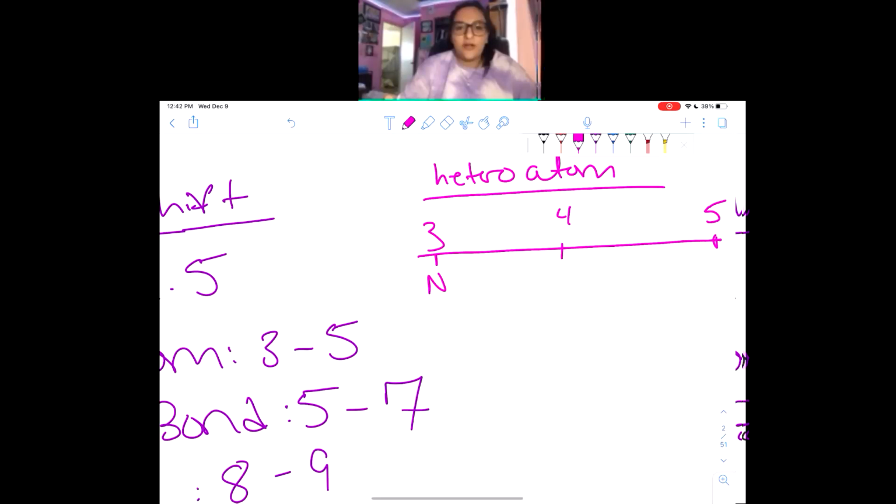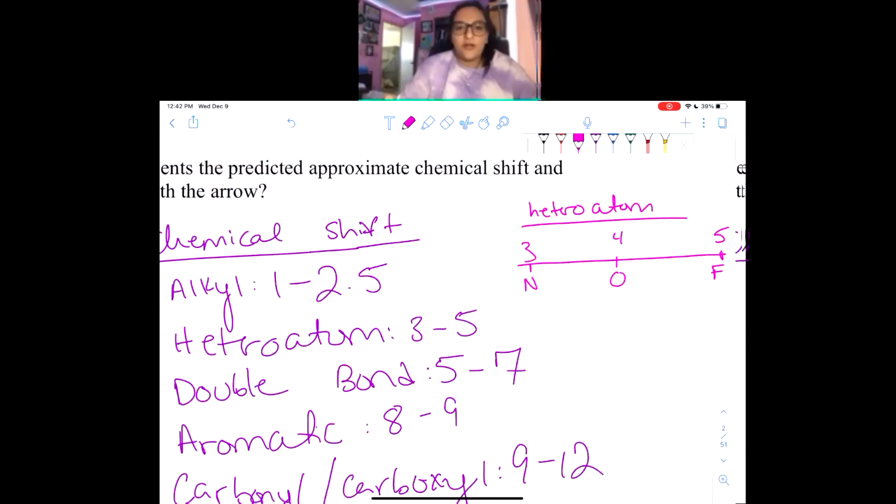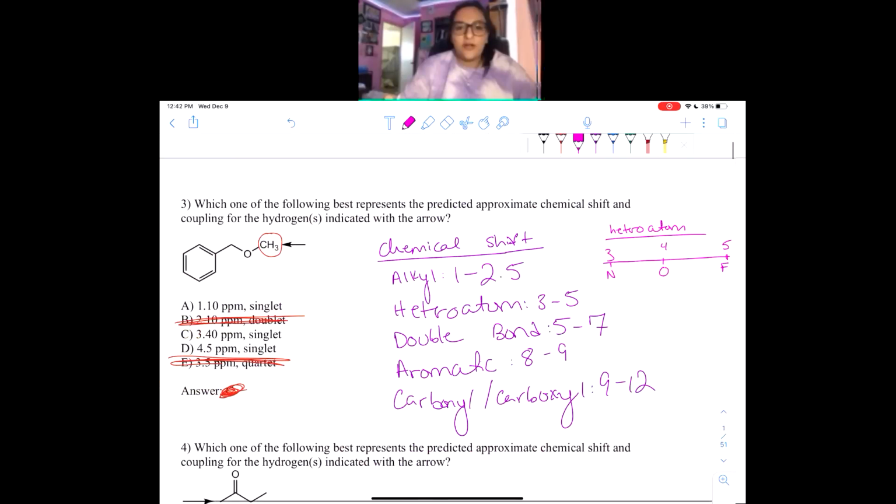So a 3 is going to be a nitrogen, a 4 is going to be an oxygen, and a 5 is going to be like a fluorine, right? And we can go higher or lower on this scale depending on if we are directly attached to the oxygen or if we are 1 carbon away.